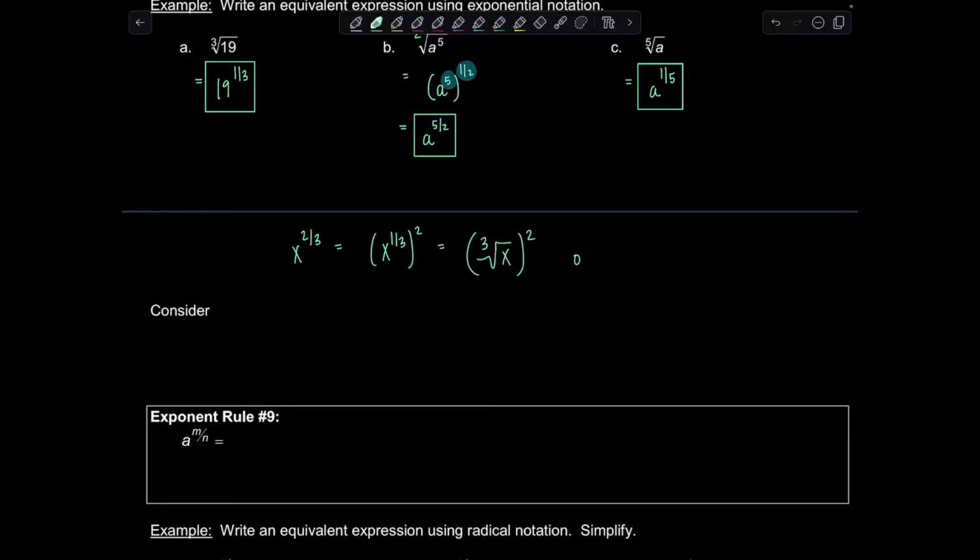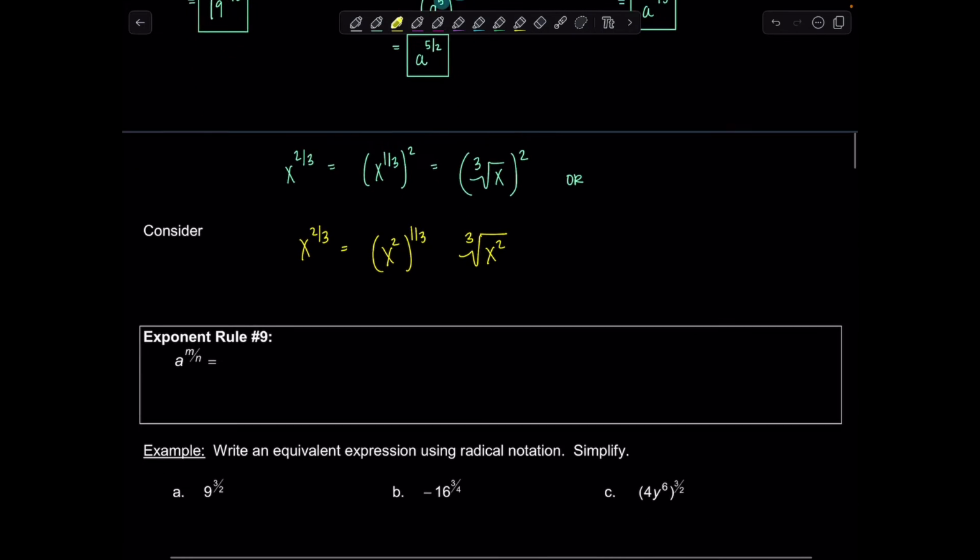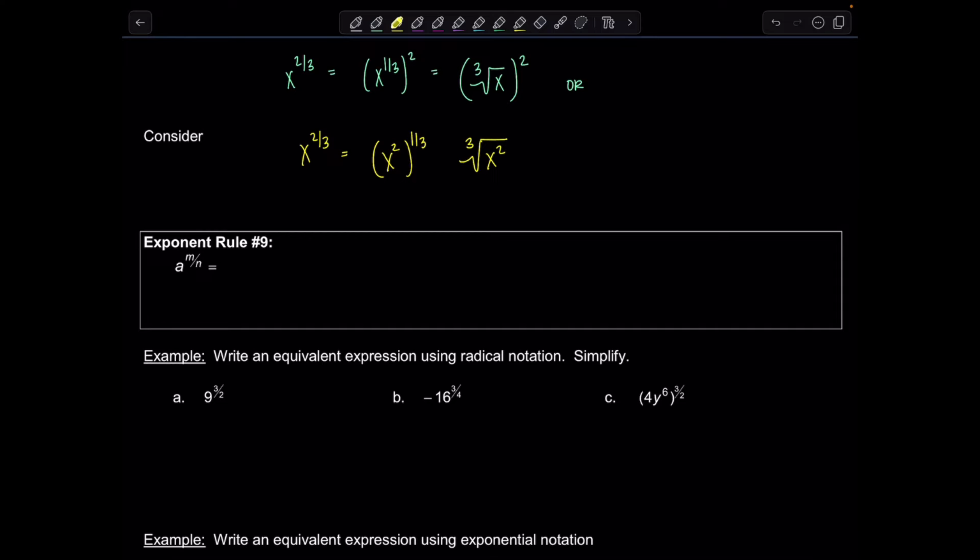Or another option, x squared raised to the 1/3, in which case you have the cube root of x squared. Both are the same. So here's exponent rule number 9. If you have a to the m divided by n, you can write it as the nth root of a to the m, or you could write it as the nth root of a, all raised to the m.